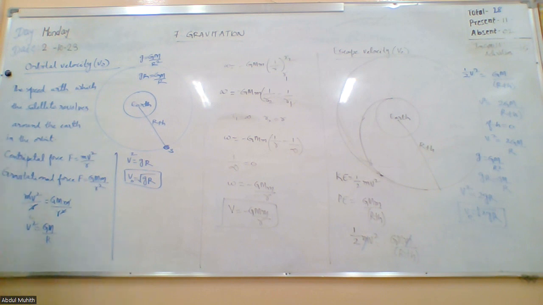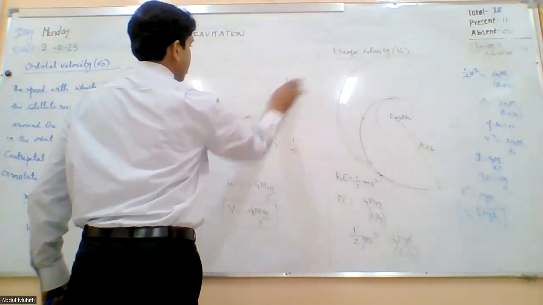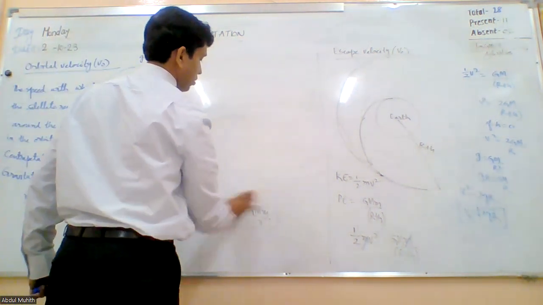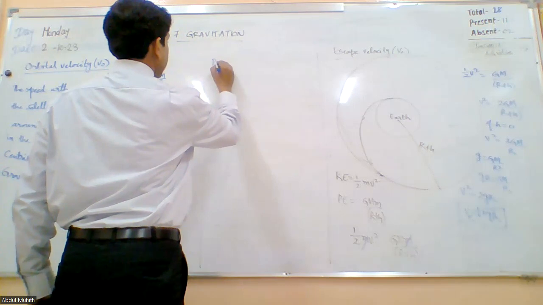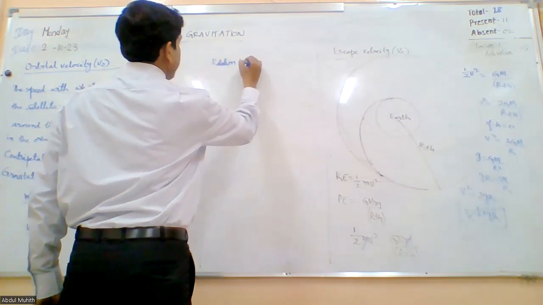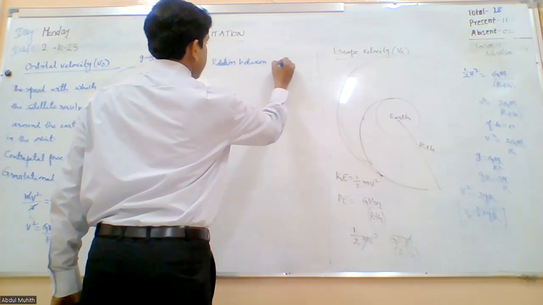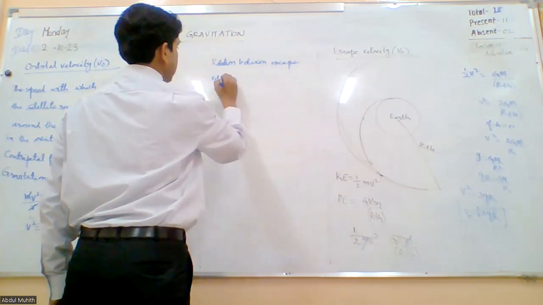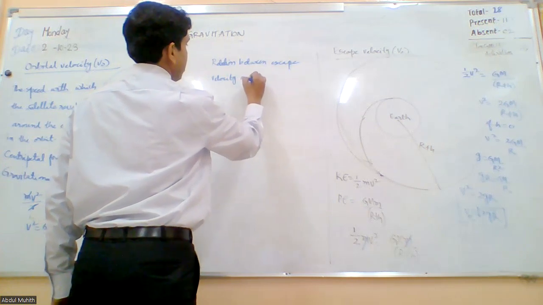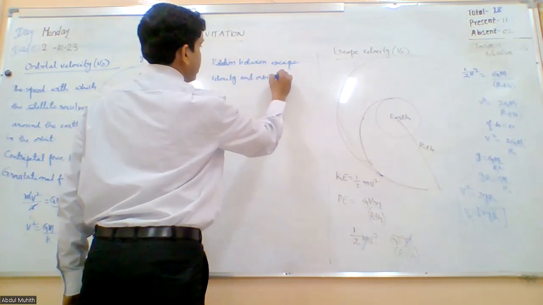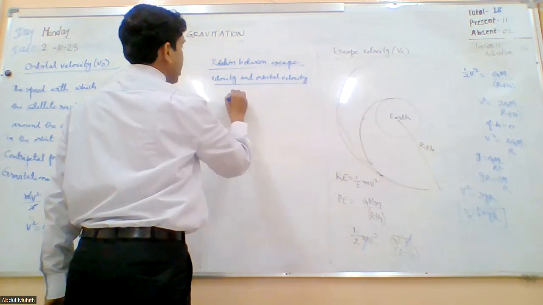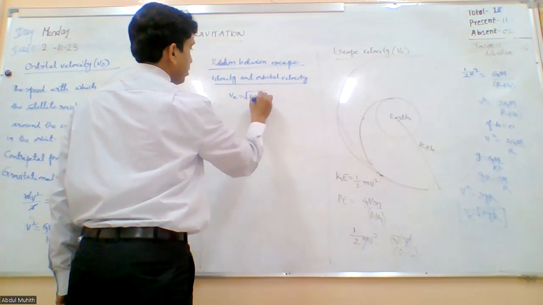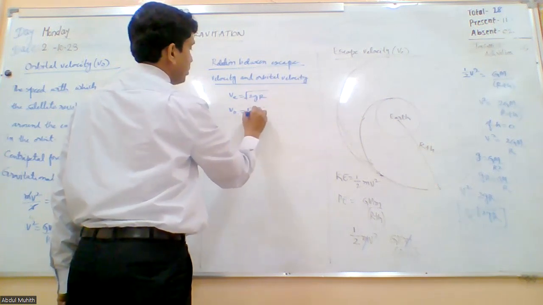Now, relation between escape velocity and orbital velocity. So we have Ve is equal to square root of 2gr and Vo is equal to square root of gr.